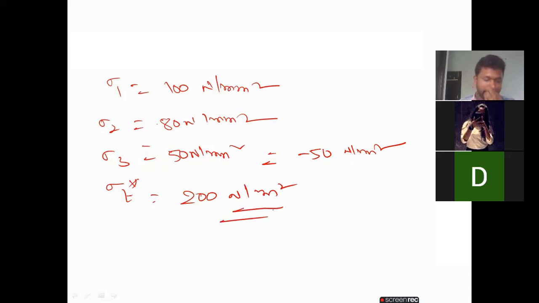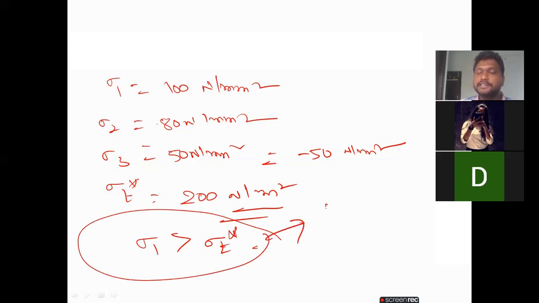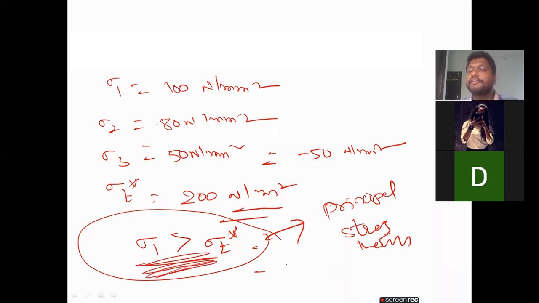So the first one, as we know, when sigma 1 is greater than sigma T star, as per the principal stress theory, if the condition is like that, then only the failure will occur. But if you observe here, sigma 1 is 100 and sigma T is 200.